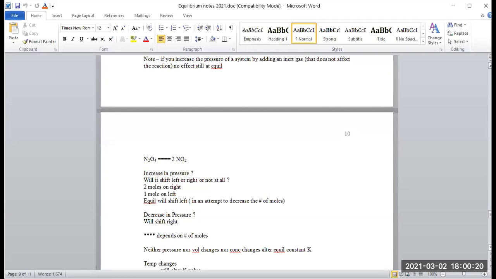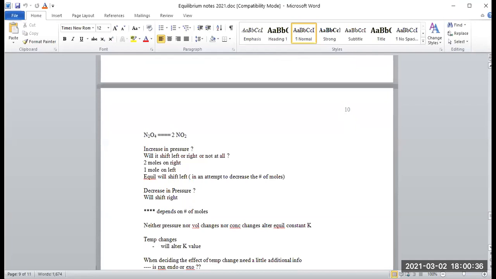It's going to squash some of those molecules of NO2 together into single molecules in its attempt to relieve the stress. Because remember, that's what Le Chatelier is all about. If I decreased my pressure, it would shift right because it's going to expand to make more moles, or you could view it as more molecules.